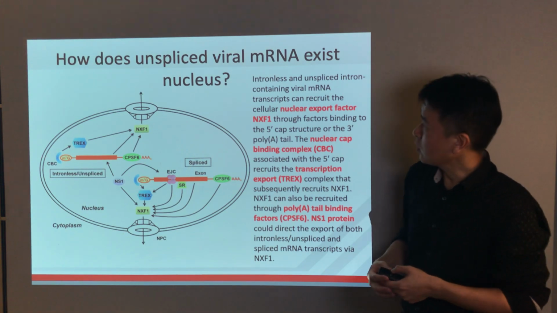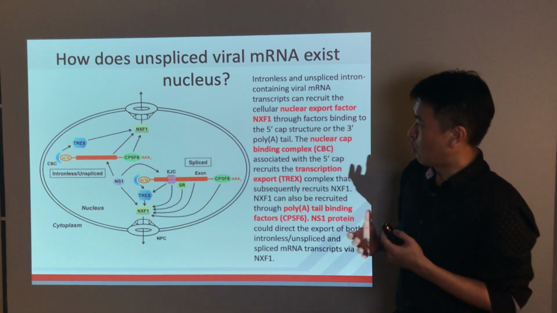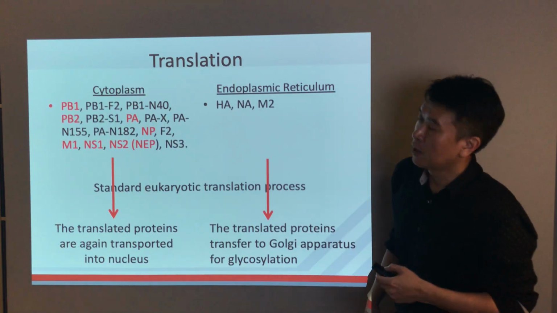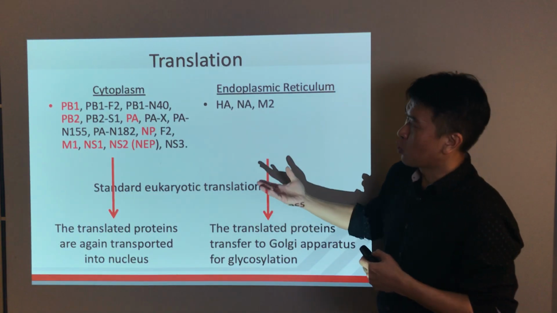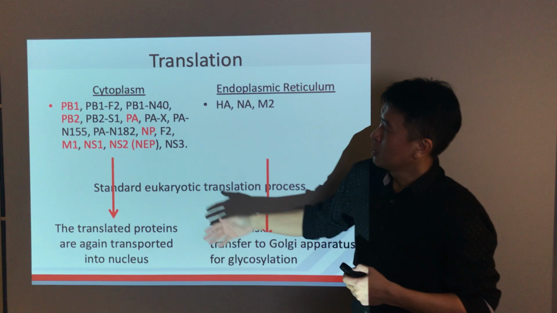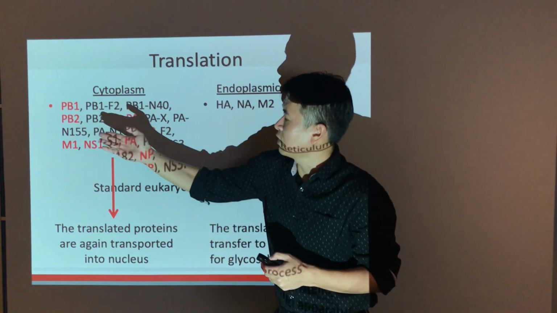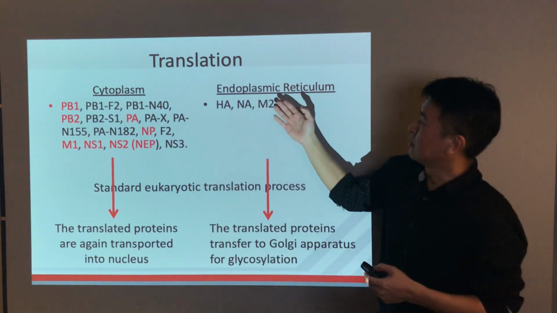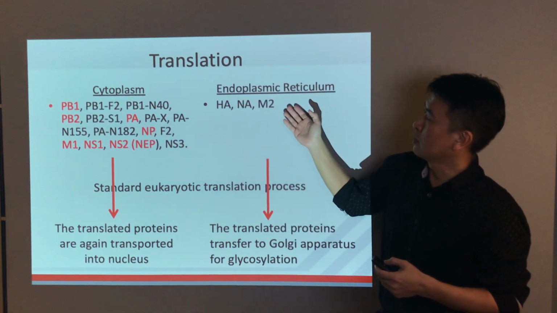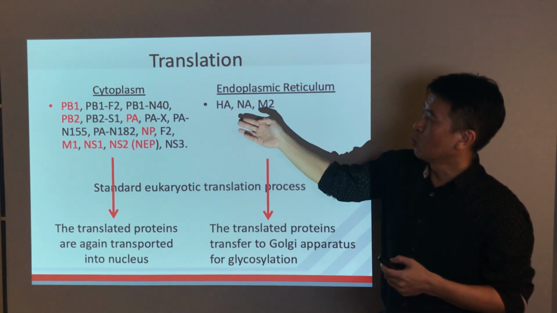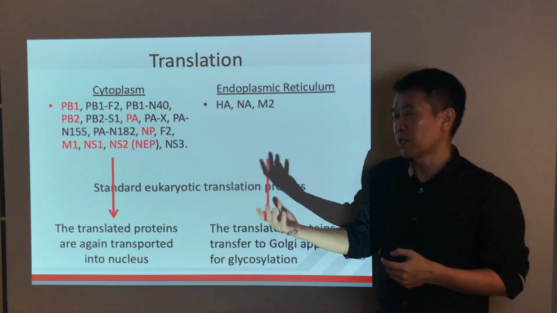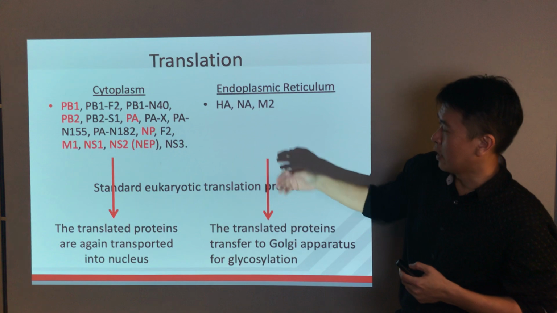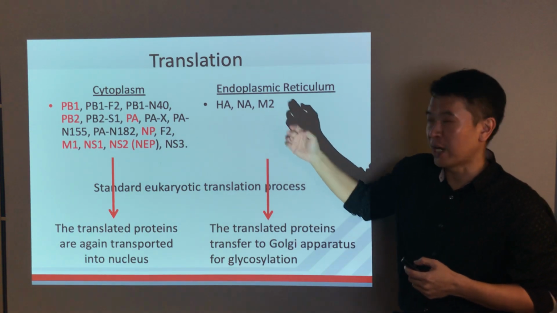nucleus. Alright, so now mRNA is being produced, goes into the cytoplasm, and the ribosome translates the protein. So in the cytoplasm, we have all this protein being produced, and the endoplasmic reticulum (ER) will process those that require glycosylation, such as HA, NA, and the M2 ion channel.